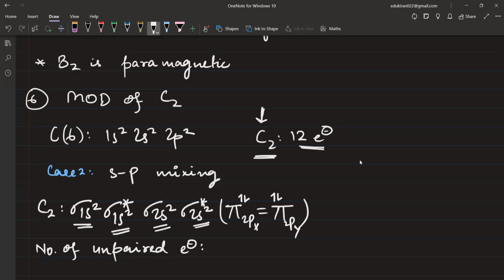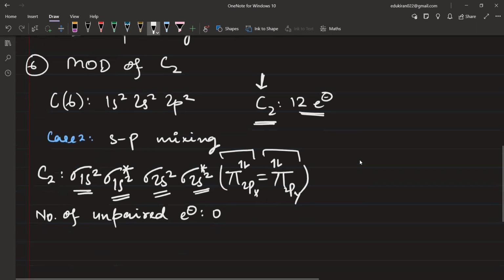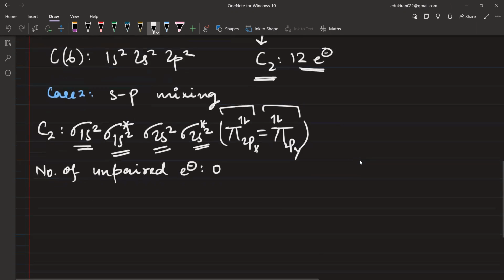What about sigma star 2s2? Paired. What about this 2px, paired or not paired? Paired. This one 2py, it's paired. So number of unpaired electrons is equal to how much? Zero. Okay, so it will be paramagnetic or diamagnetic? Diamagnetic.